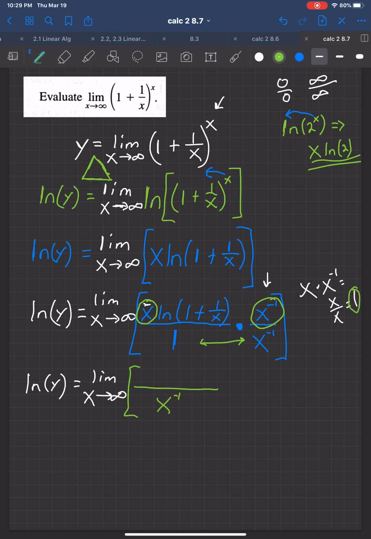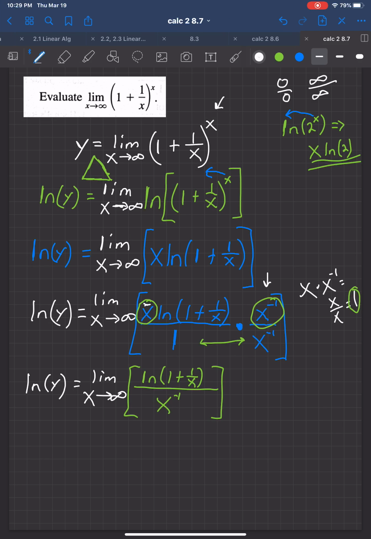That's just x over x. So now I'm simply left with ln of 1 plus 1 over x in the numerator. And that's what I wanted, right? That was the goal of this process, to be able to set up a quotient of two different functions.